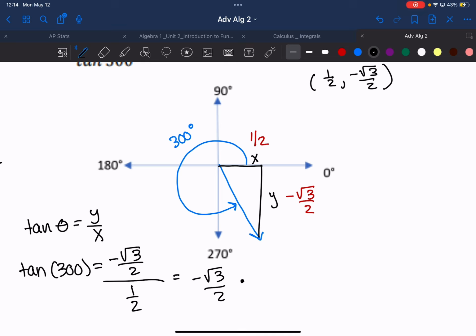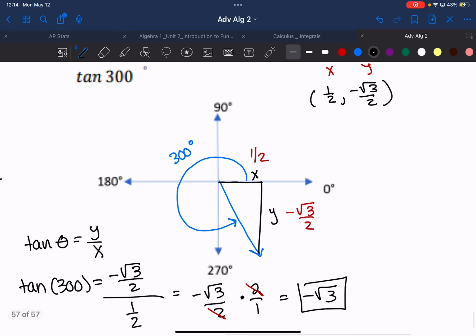So it's the numerator times the reciprocal of the denominator if we have two fractions being divided. So this is times 2 over 1, which means the 2's cancel out, and I am left with negative square root of 3 as my answer. Okay, any questions for example 2?